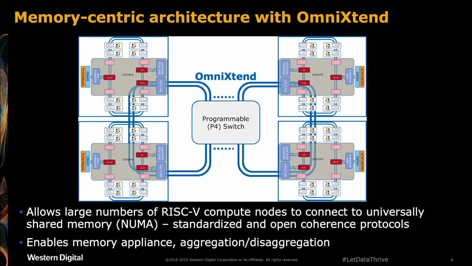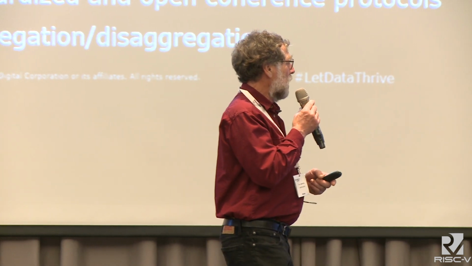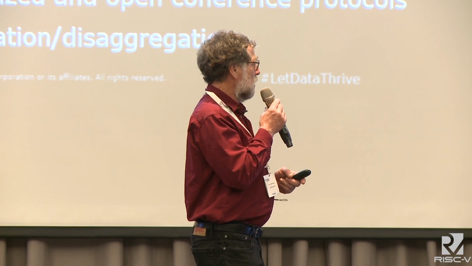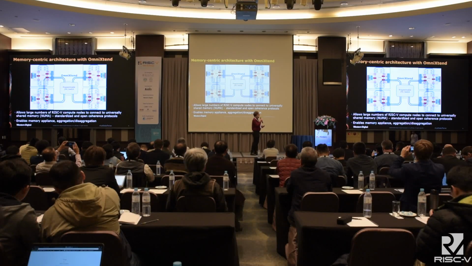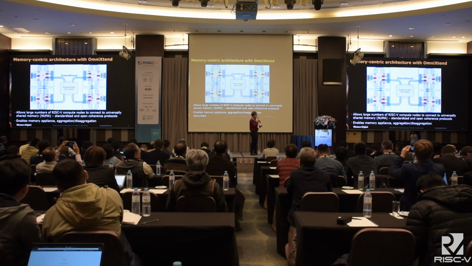So we can connect several of these systems together through the 802.3 interface. If you need more than two, you need to go through some sort of switch, and we can use a programmable switch, which understands the protocol, so we can actually implement part of the protocol on the switch itself. So it allows a large number of RISC-V compute nodes to connect to non-uniform shared memory using standardized and open coherence protocols.